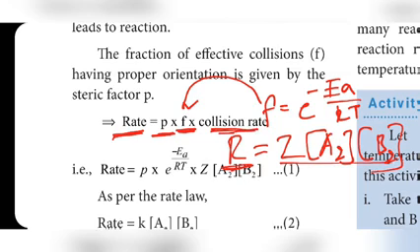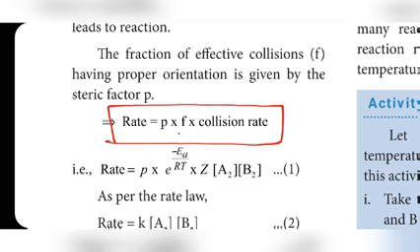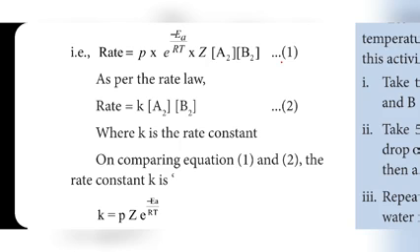That collision rate means Z into A2 and B2. So one new formula is given. That formula contains the collision factor and the steric factor, that is the orientation factor. So rate is equal to P, the steric factor, and for F we substitute the value e power minus Ea by RT, and the collision rate Z into A2 into B2.